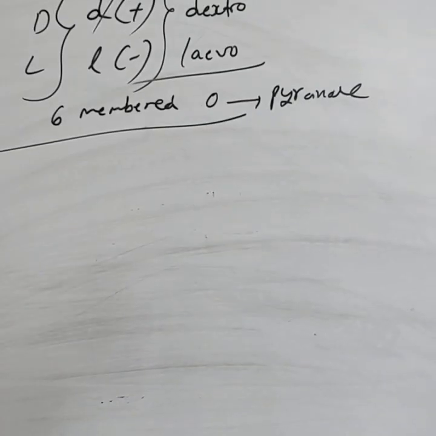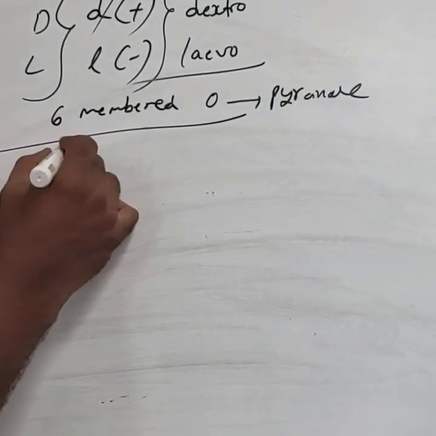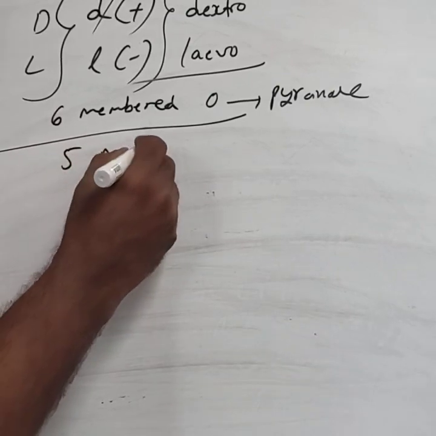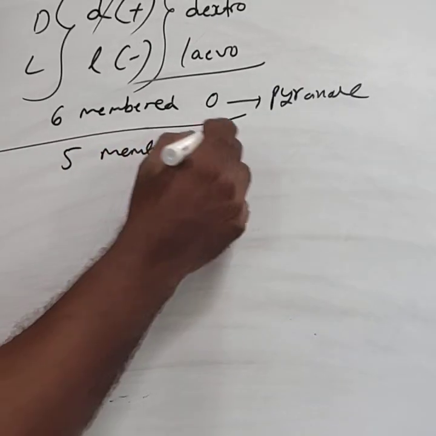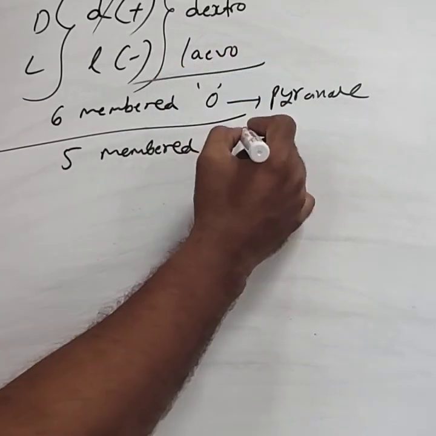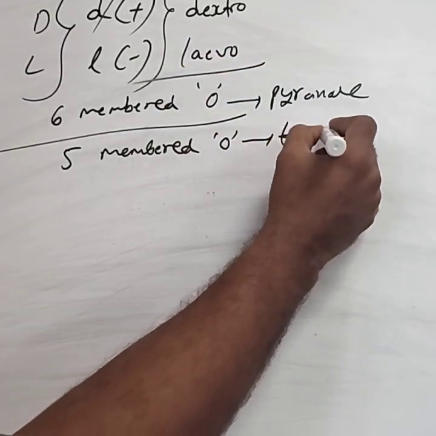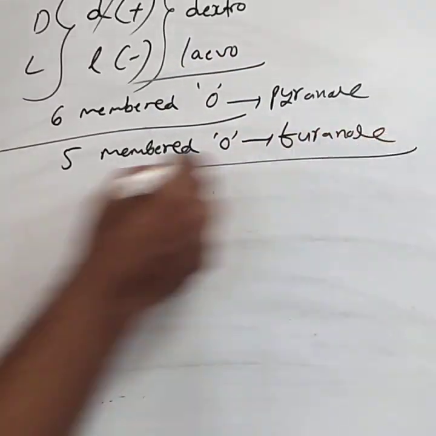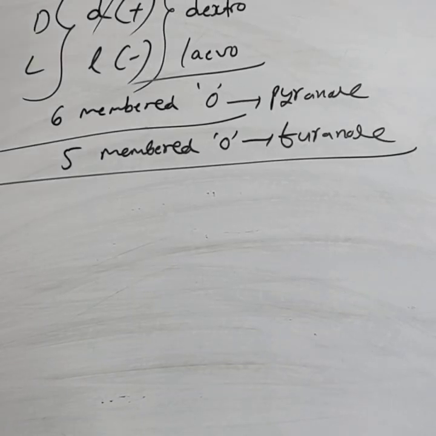A 6-membered ring containing oxygen is called pyranose. A 5-membered ring containing oxygen is called furanose structure. This is about some of the basic terms used to represent the carbohydrate.